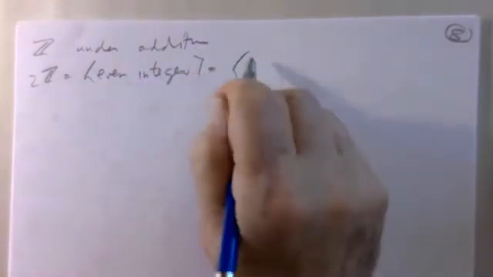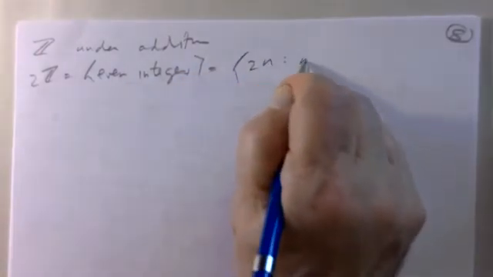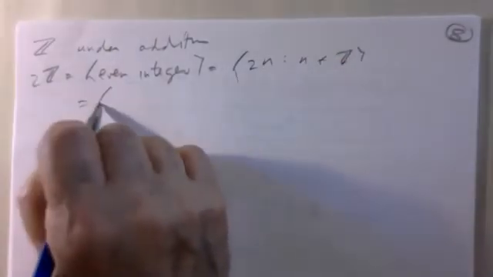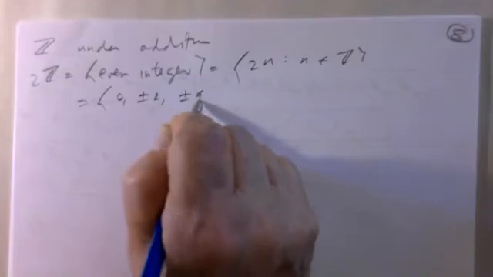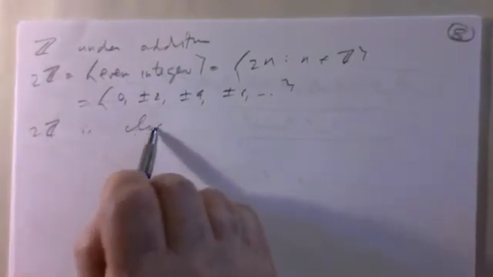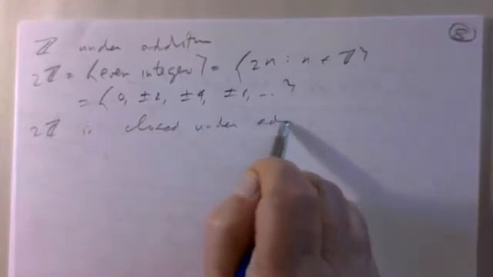So my favorite group really is the integers under addition. And I can look at this set, I'll call it 2Z, which is the set of even integers. So this is the set of all numbers of the form 2n, where n runs through the integers. This is 0, plus or minus 2, plus or minus 4, plus or minus 6, and so on. And 2Z is closed under addition.